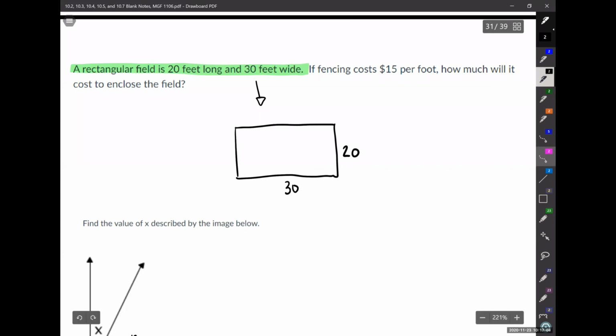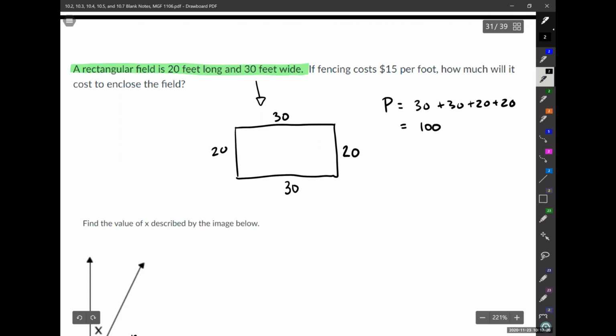And we know by symmetry, sides directly across from each other in rectangles are the same. So this is also 20. This is also 30. And we know that the perimeter is the amount of fencing used. So the perimeter would be 30 plus 30 plus 20 plus 20, which is 100.